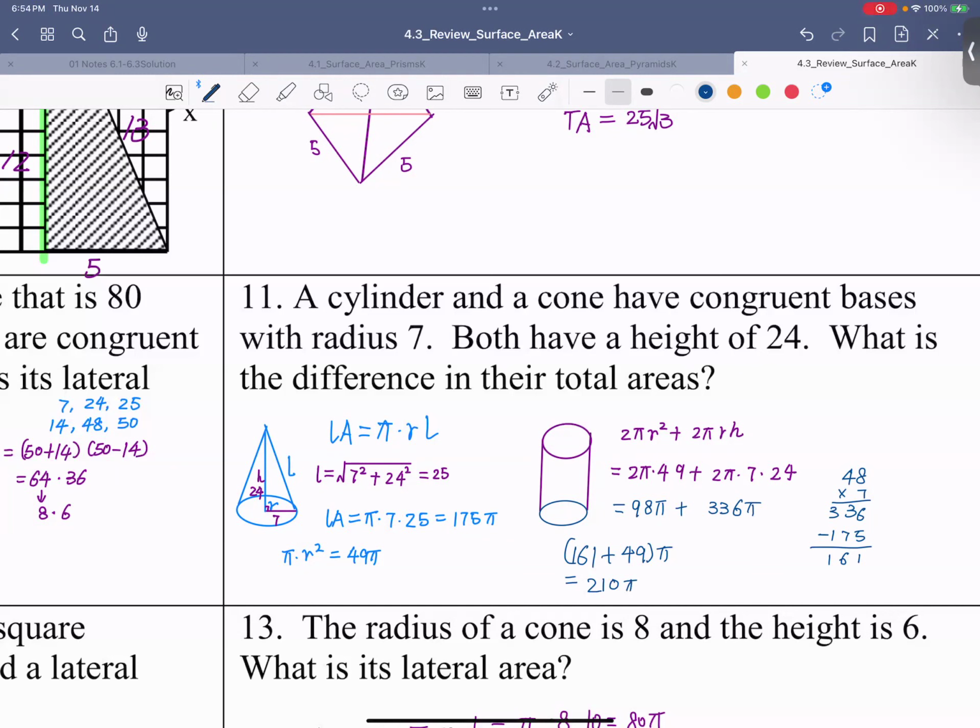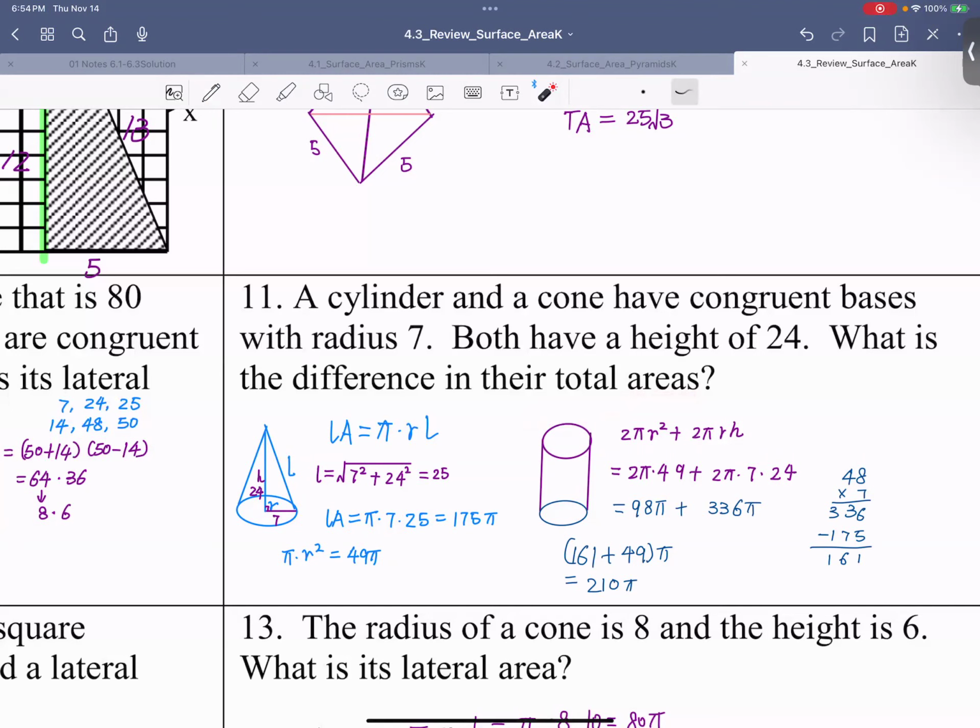Richard, why are we different? I think I just got the lateral area of the cone. Yeah, but they ask you the total surface.